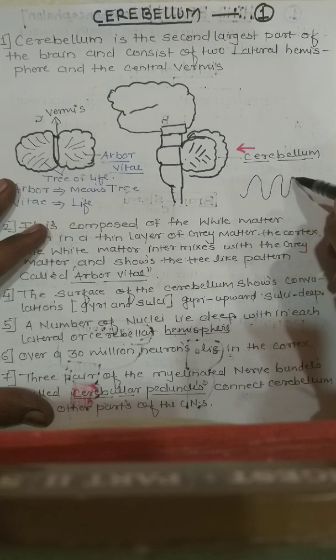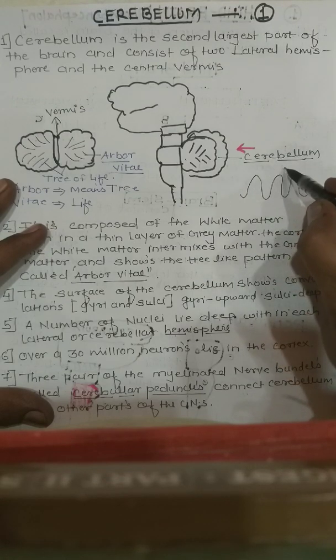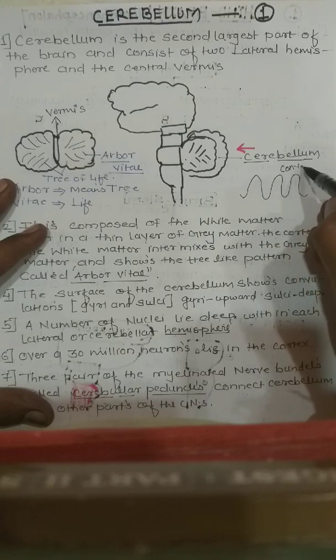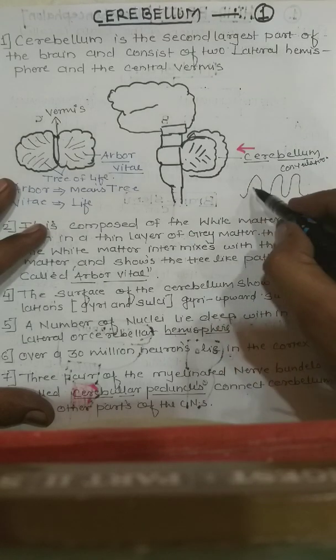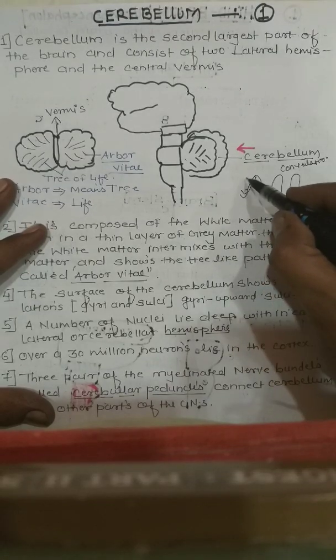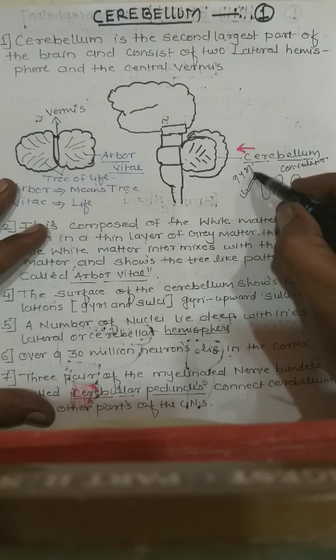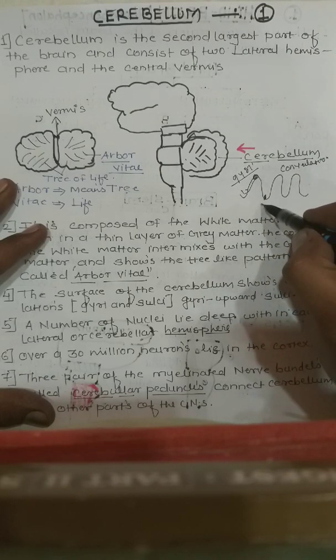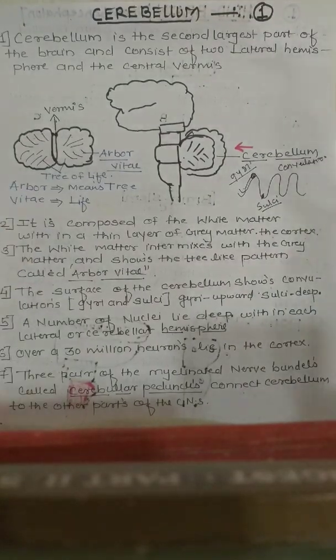Upward projections, downward projections, these are called convolutions. So you might be clear on this one.